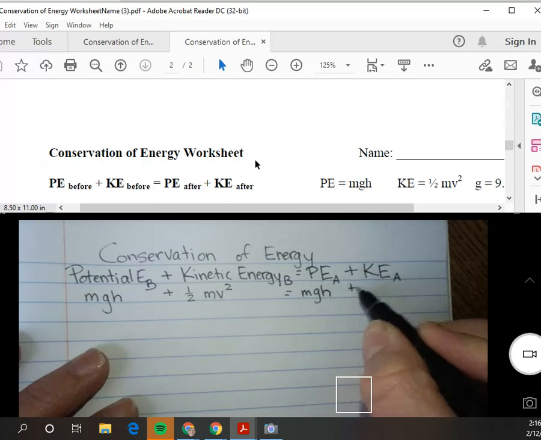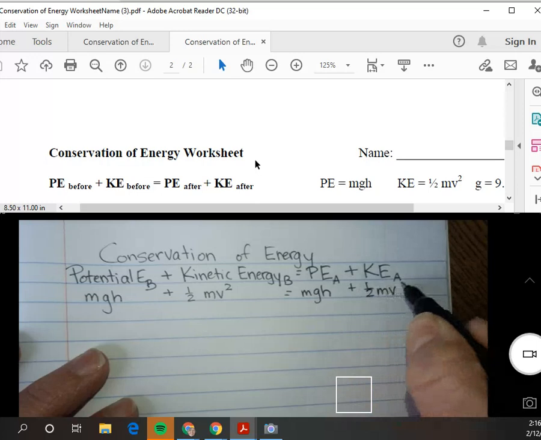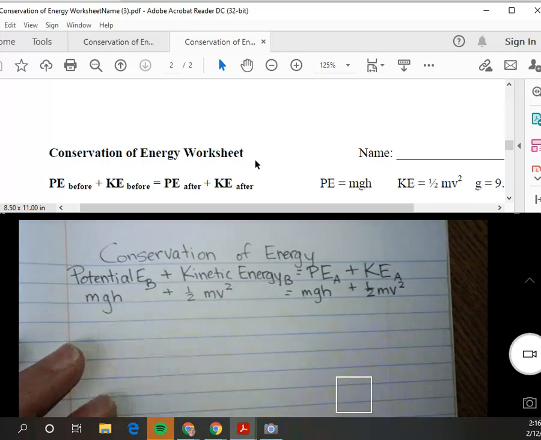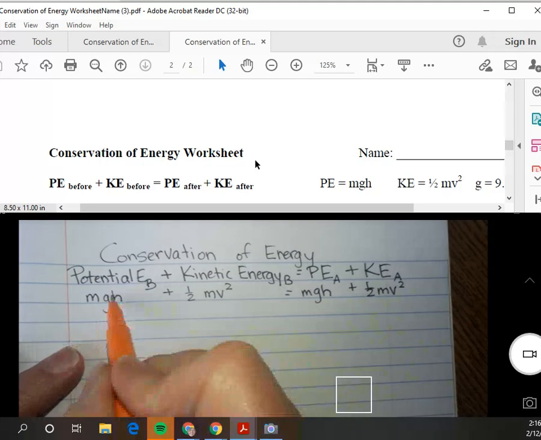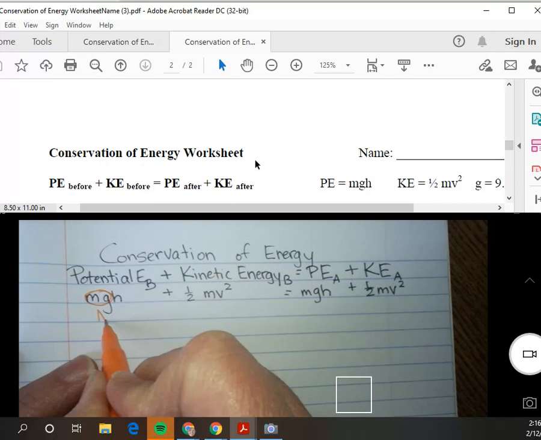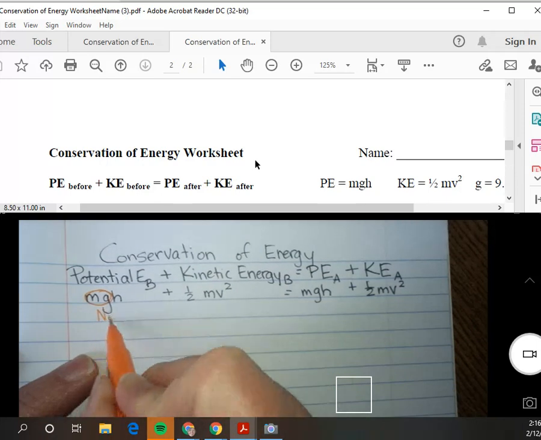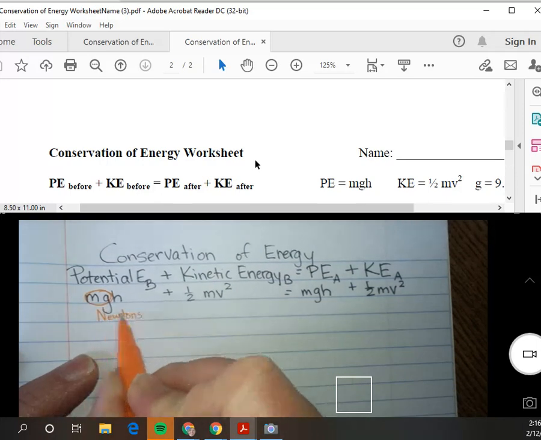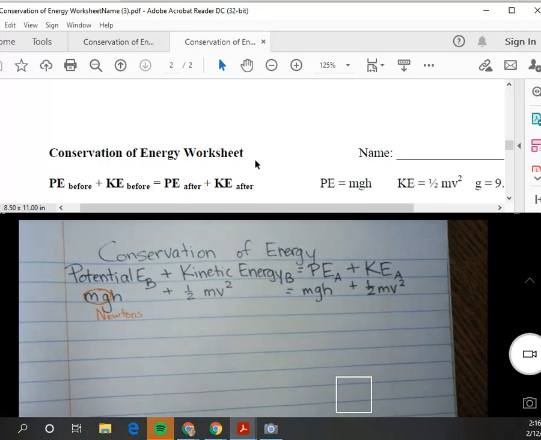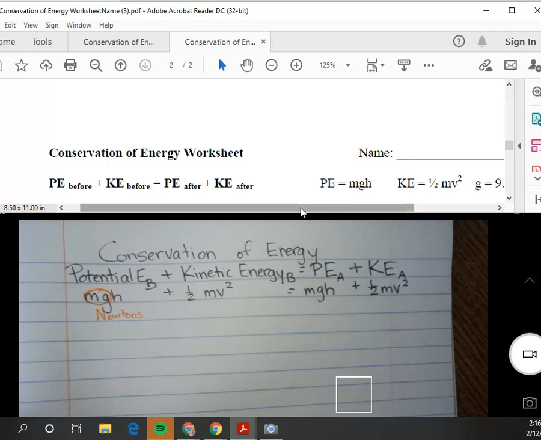Some of these word problems are going to take a little bit of real thinking to get through. Also, remember when we had potential energy, mass and gravity are sometimes put together to get newtons. So sometimes we can just use newtons times height. And we'll talk about that as we go along. But let's jump into the problems.